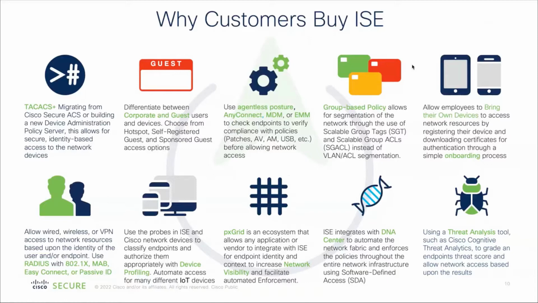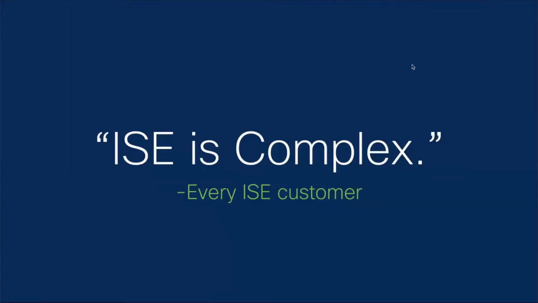And while it's fantastic that ISE is so powerful and can do all of these things, it also overwhelms people when they see all of these things and think, oh my gosh, where do I even begin? And that often results in us hearing this phrase a lot. I know a lot of people just say, wow, ISE is really complex. It does so many things. How do I even begin to deploy this?